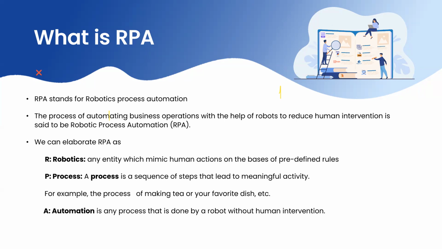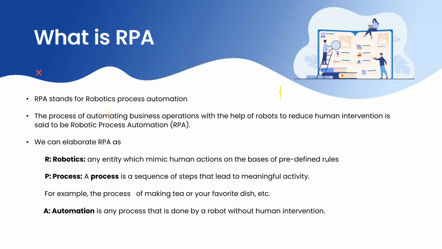So process is just a reference, actually, of how you see it, whether it is useful for you or not. That's called a process. So a process is nothing but a sequence of steps which you do one by one to achieve a meaningful goal which will be useful for you.